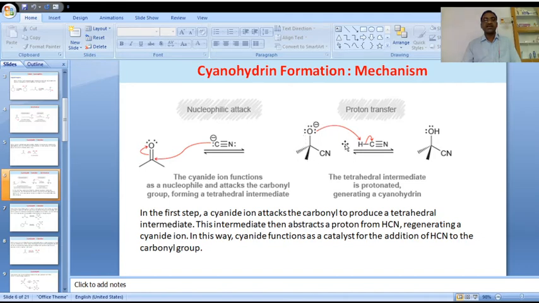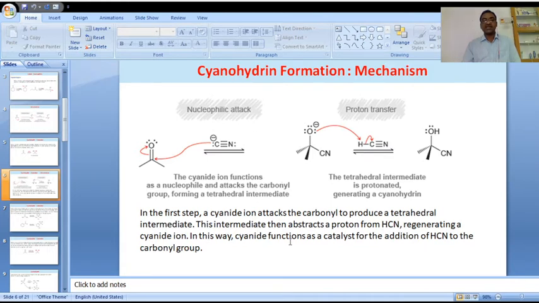This is the tetrahedral intermediate. This step is called nucleophilic attack. The cyanide ion functions as a nucleophile in this reaction and attacks the carbonyl functional group, forming a tetrahedral intermediate. Is it clear?